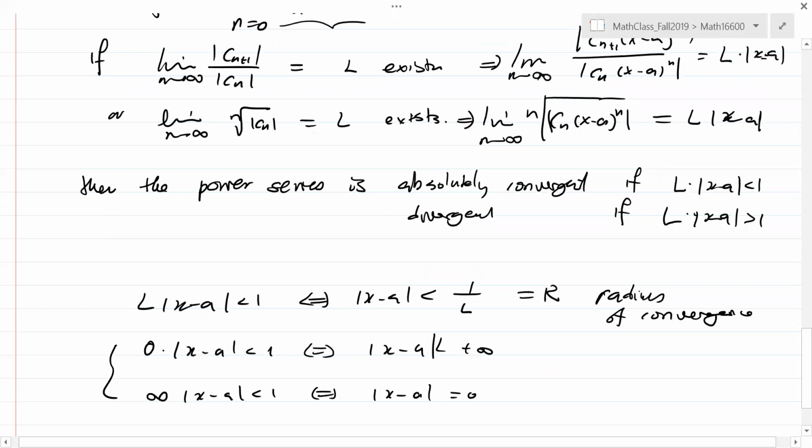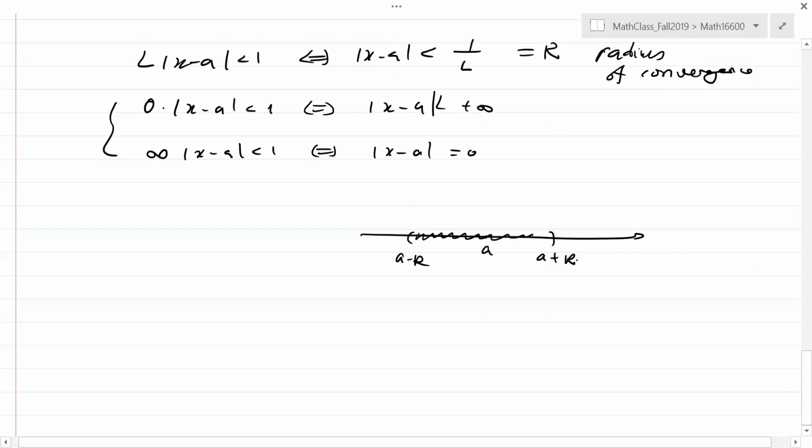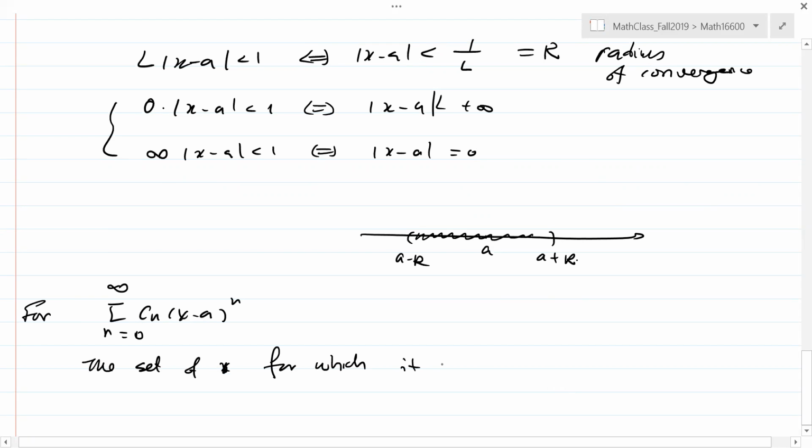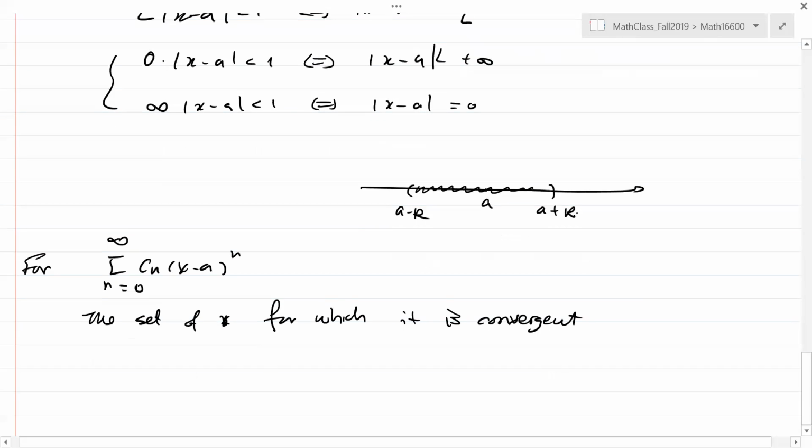Under this assumption, we see that for this series, the set of x for which it is convergent, not necessarily absolutely convergent, is an interval.